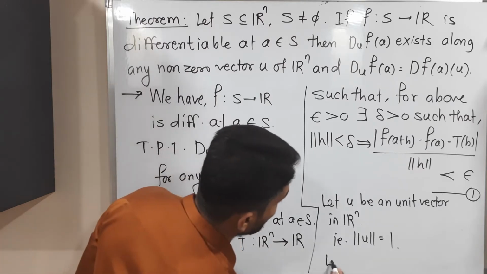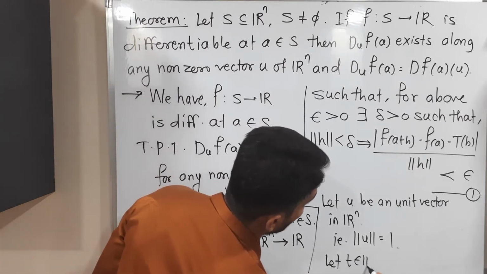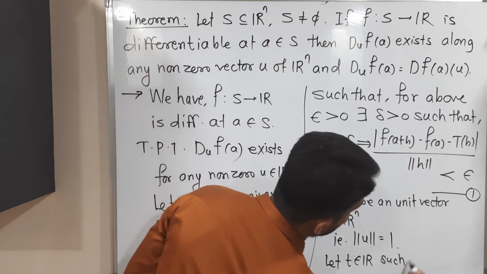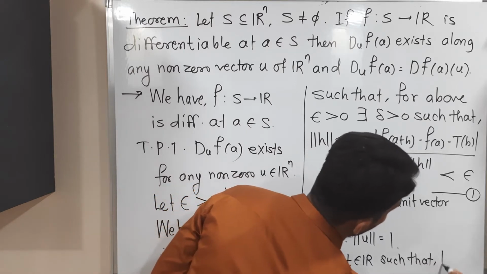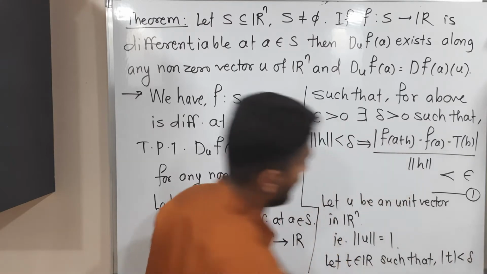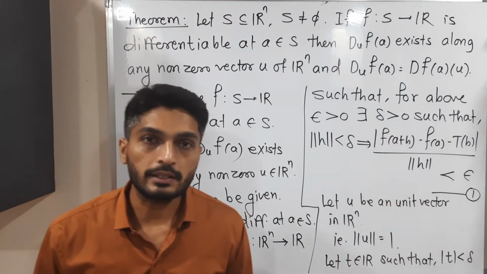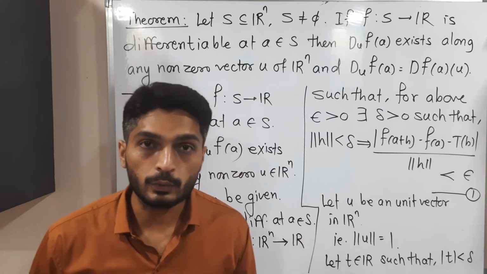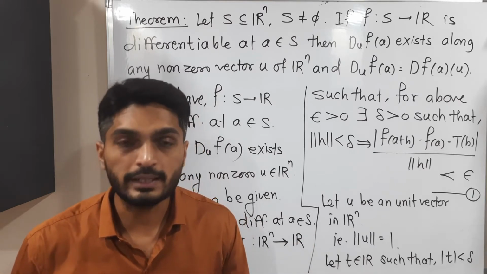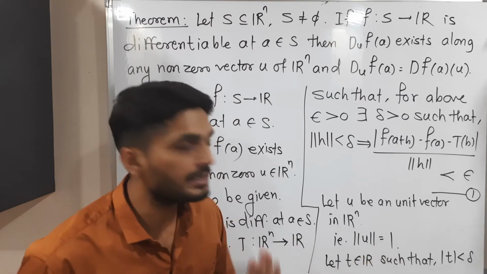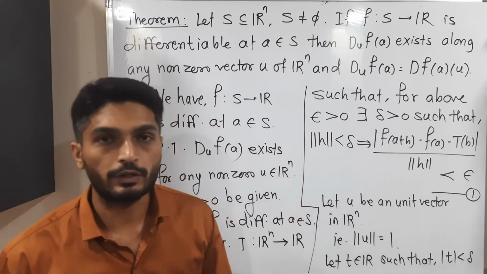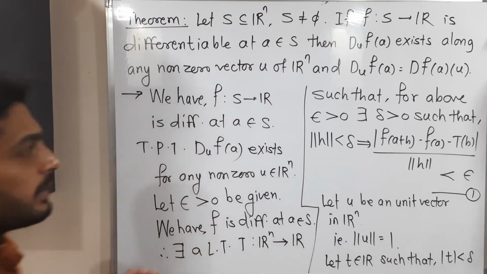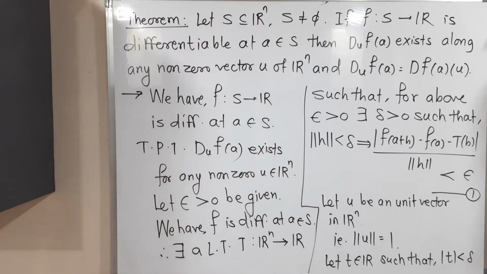Let t belongs to R such that mod t less than delta. So I have considered two things: first, a unit vector u whose norm is 1, and t any real number whose mod is less than delta. Delta we have already got. There is no more space to write, so make a screenshot of it and then we will go further.